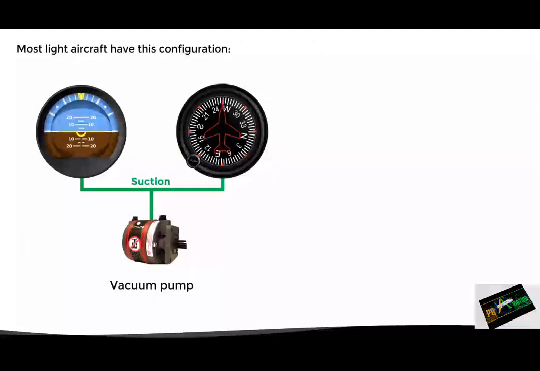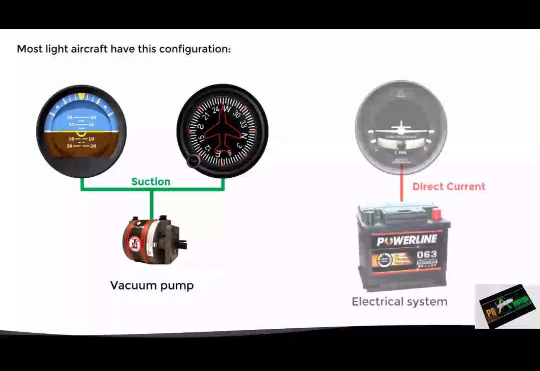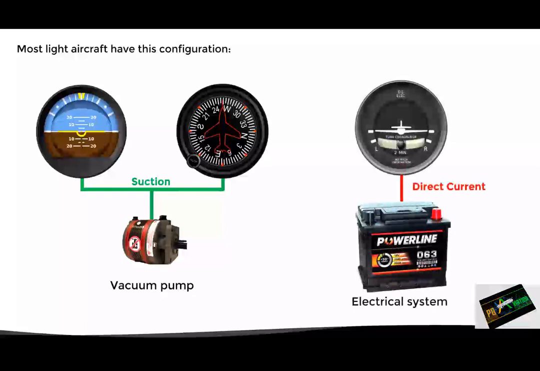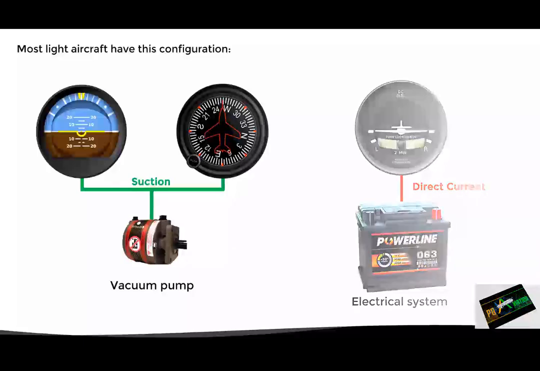The vacuum pump provides suction to drive the gyros of the attitude indicator and the heading indicator, while the gyro of the turn coordinator is electrically driven by direct current from the aircraft electrical system. However, we must say that there are other configurations, and therefore the attitude indicator can also be driven by electric current in some cases.